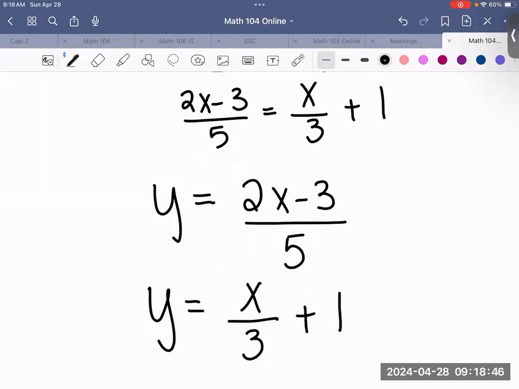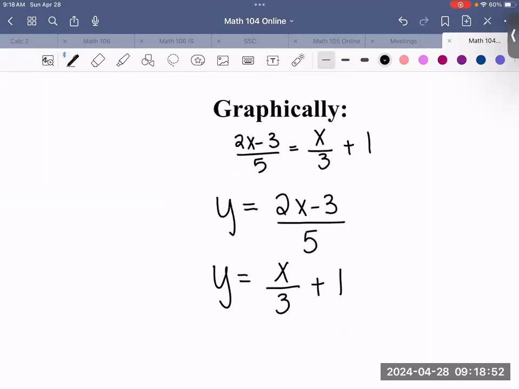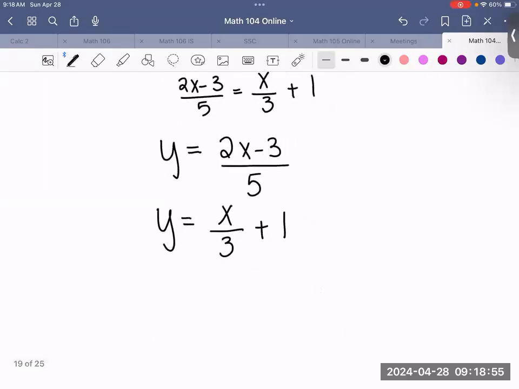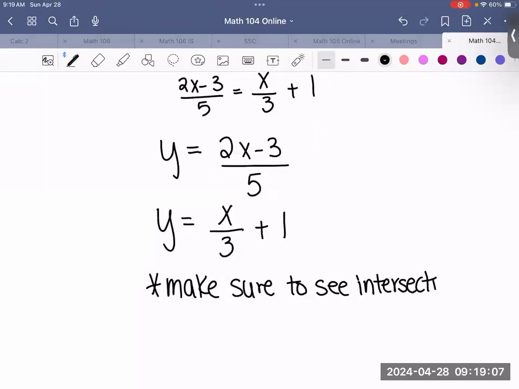So now what we're going to do when we graph both of these together on one graph, we're going to see an intersection. So make sure you see the intersection, and then wherever they intersect, that is actually going to be our answer.